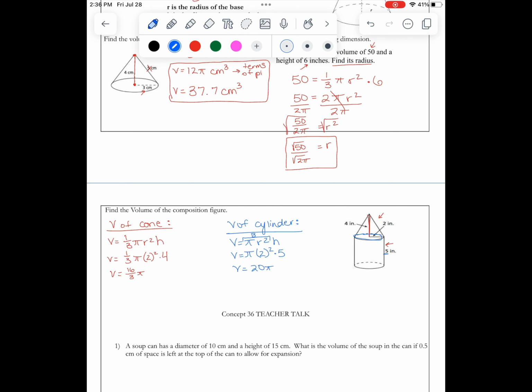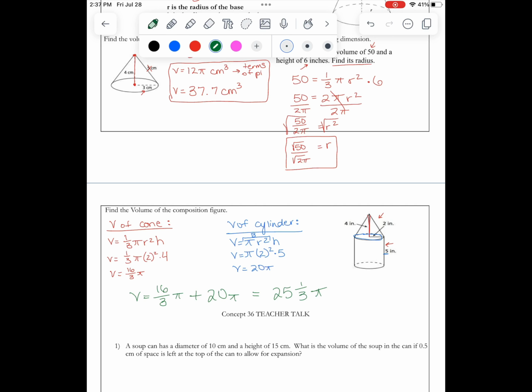Now, the last step to find the volume of the entire composite figure is to add these two volumes together. So my entire volume is 16 over 3 pi plus 20 pi, which gives me 25 1/3 pi. That's in terms of pi.